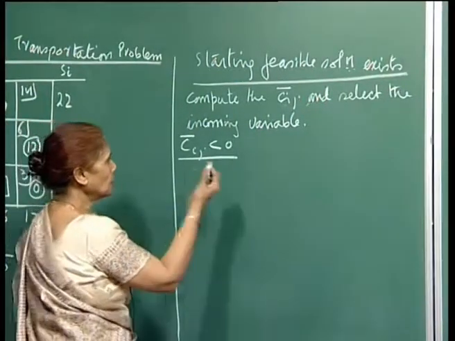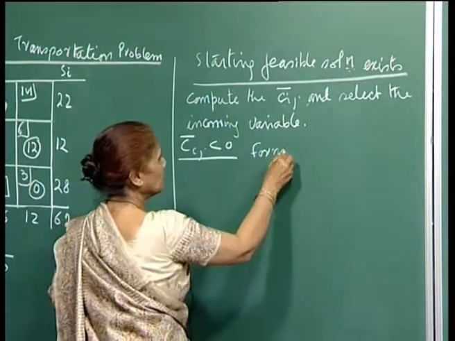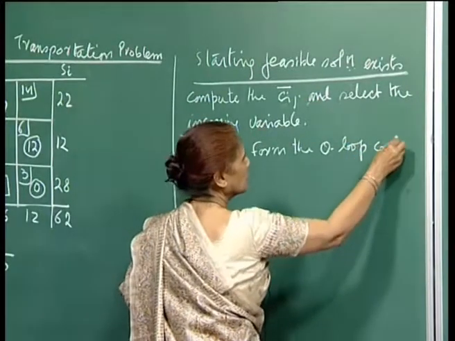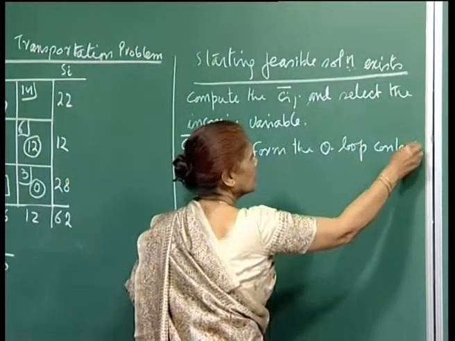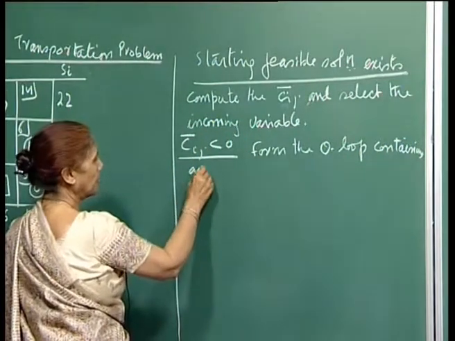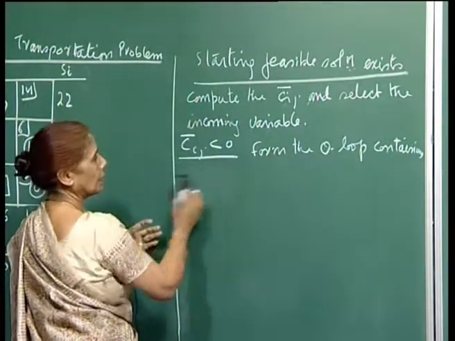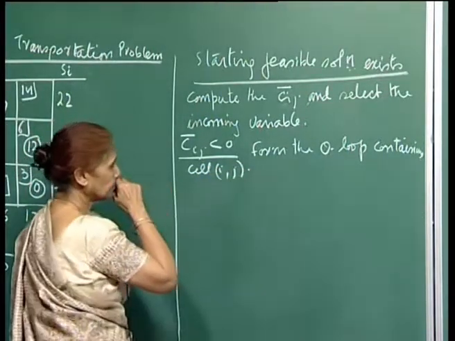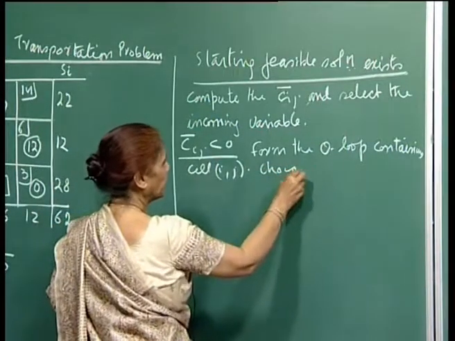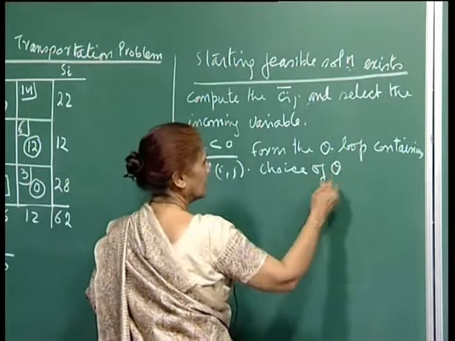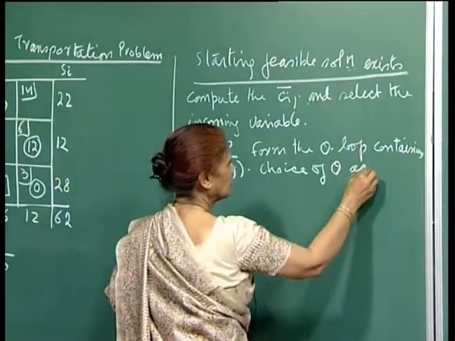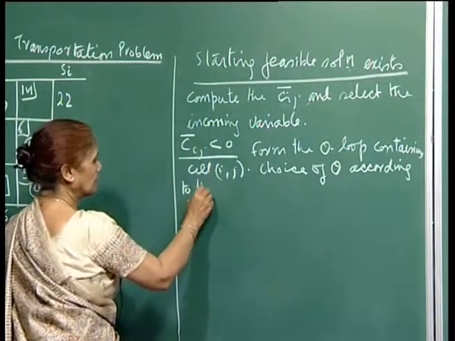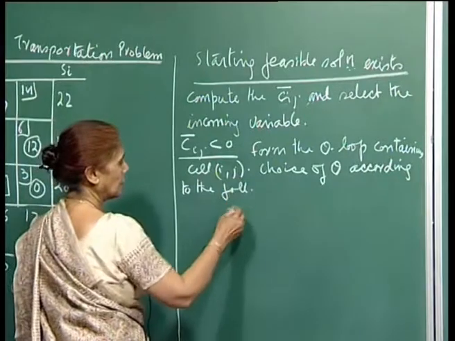So, form the theta loop containing cell Ij, and make the choice of theta according to the following rule.